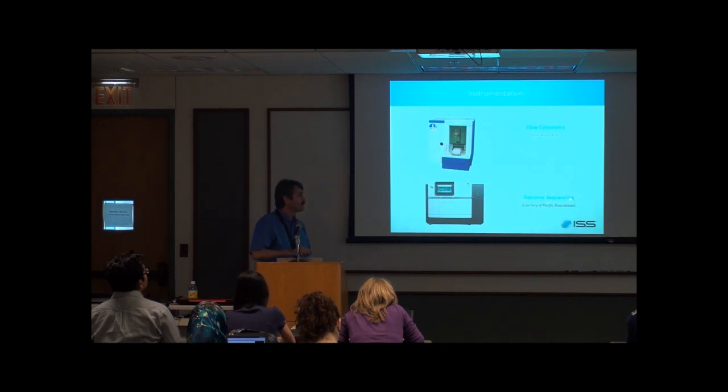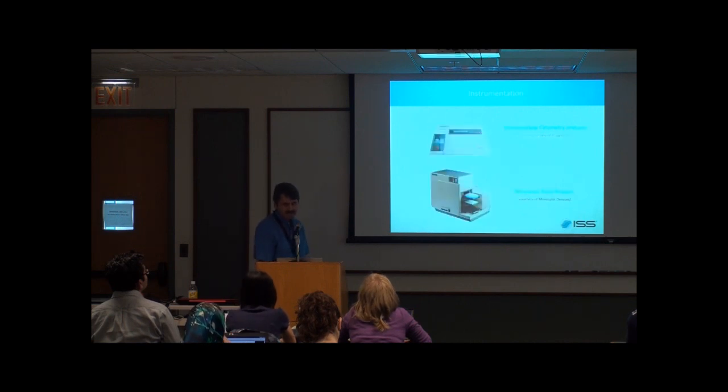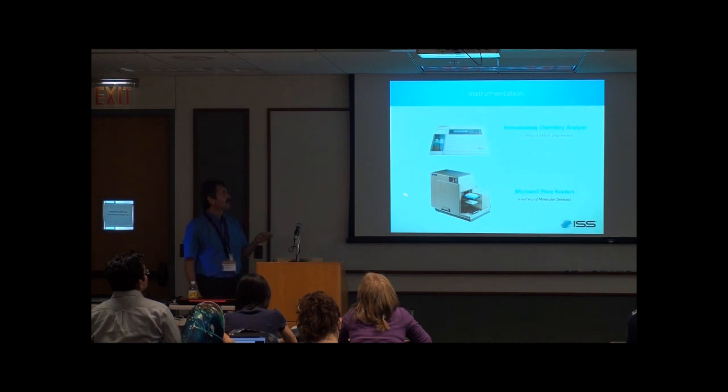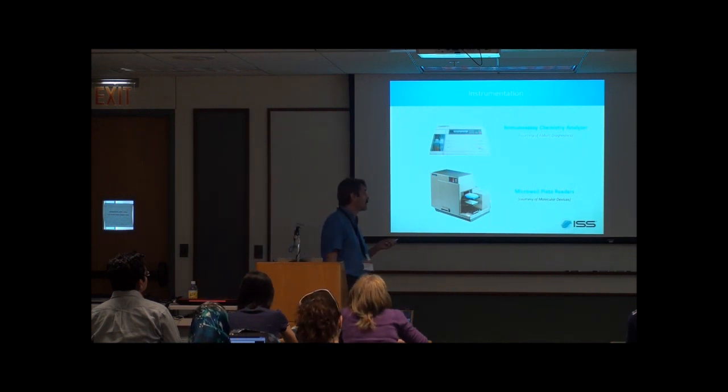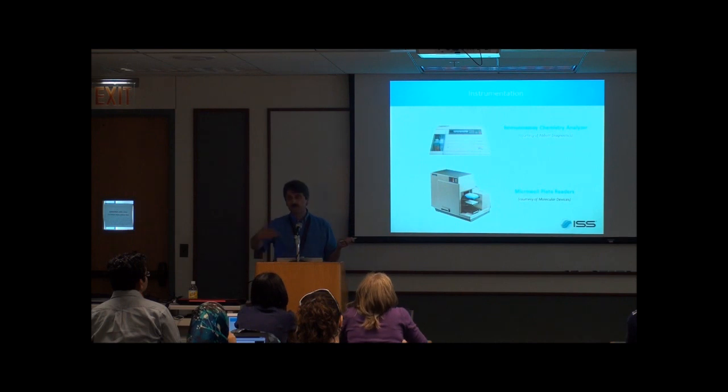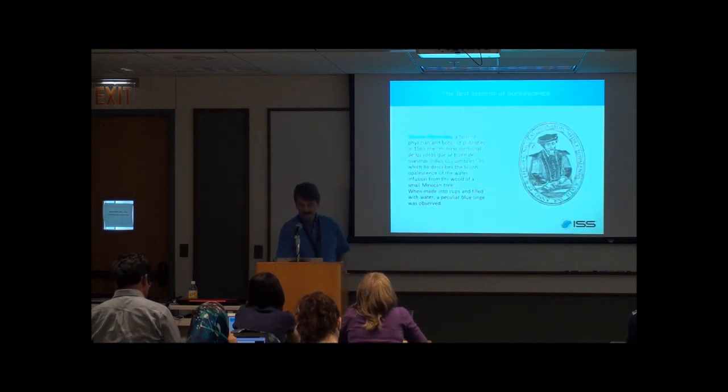Fluorescence is used in genome sequencing, and this is a specific machine made by Pacific Biosciences, and immunoassay chemistry for diagnostics. There are thousands of these instruments in the hospitals all over the world. Microwave plate readers are used essentially by pharmaceutical companies during the drug discovery process.